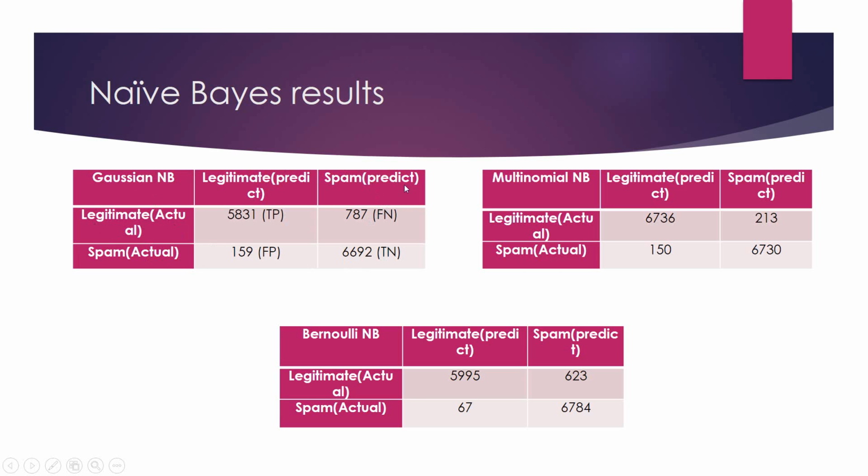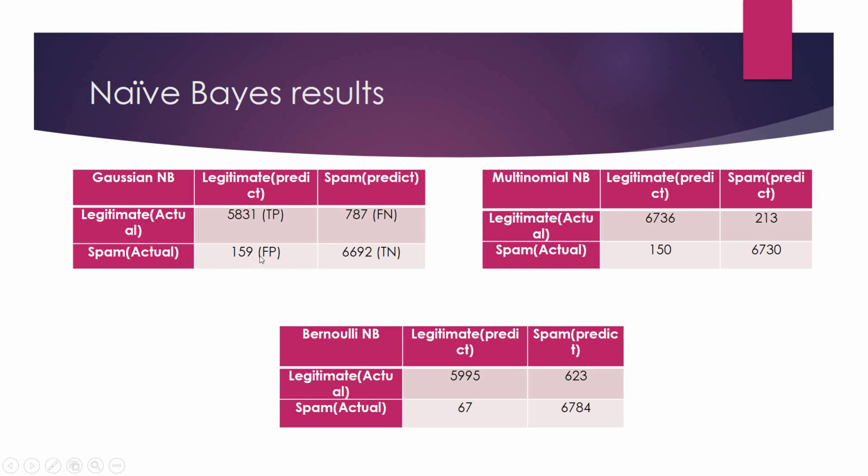So if we consider the confusion matrices obtained by testing these classifiers on the email data, we can see that the false negatives are nothing but a legitimate email being predicted as a spam email wrongly. So there are 787 legitimate emails which are wrongly predicted as spam, and these are the two cells which are very important to us.